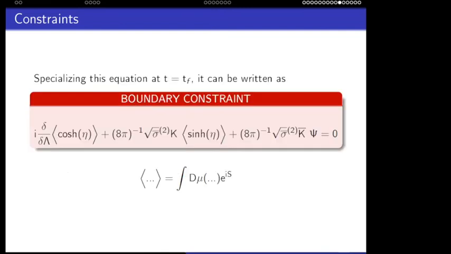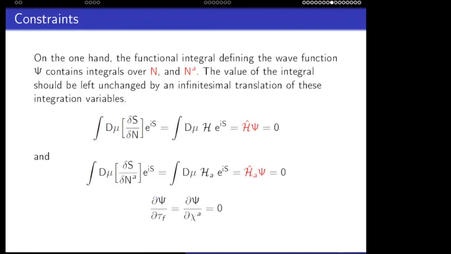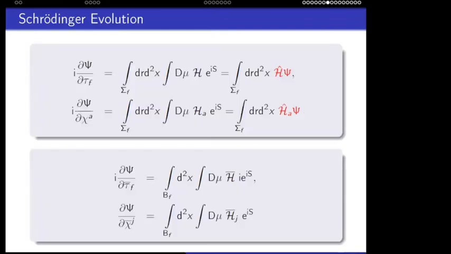When you specialize this constraint at the final slice, you get this boundary constraint, which together with the boundary Schrödinger equation rules the Schrödinger evolution of the wave function in quantum gravity. So before my work, if you wanted to evolve the wave function in this kind of manifold, you used this equation.